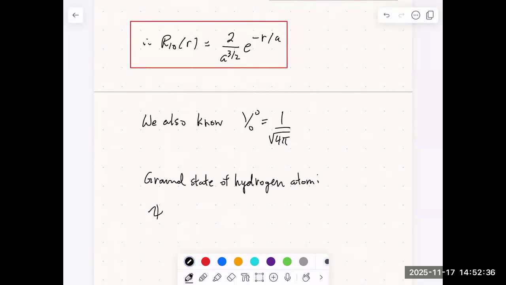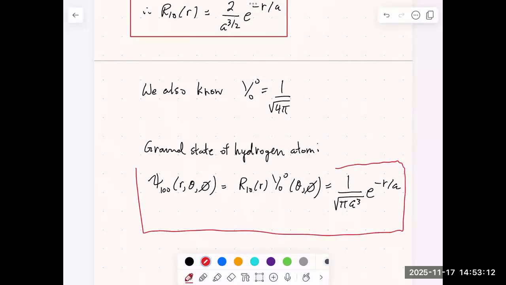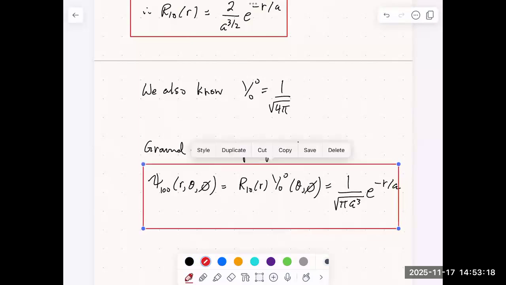It is given by the radial part multiplied by the angular part, like so. And if we combine these things, the root 4 is going to cancel with that 2. And we just get 1 over the square root of pi a cubed, e to the minus r over a. And look at that. A nice, beautiful, simple expression after grinding out days of algebra solving differential equations. So this is an achievement.